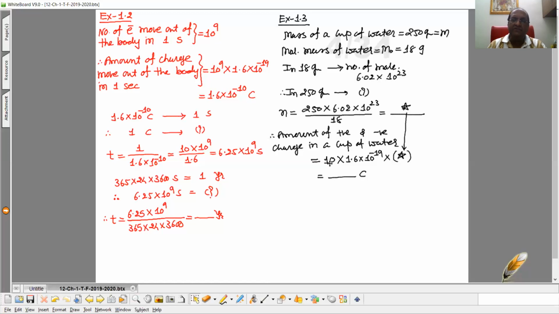And each positive or negative charge possesses charge equal to 1.6 into 10 raised to minus 19. So per molecule, 10 into 1.6 into 10 raised to minus 19 coulomb charge is there. So multiply it by the total number of molecules and then solve it. You will get the total amount of positive and negative charge in a cup of water. Clear to all of you?